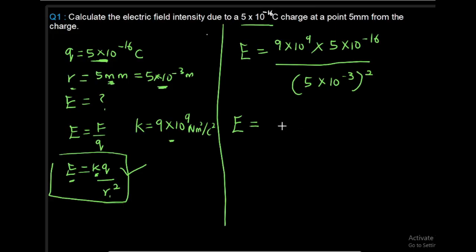From our calculator, our final answer here is going to be 0.18. Do not forget the unit for electric field intensity or electric field strength is Newton per coulomb. So our answer here will be 0.18 Newton per coulomb.